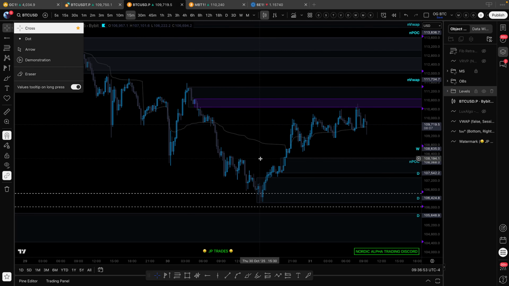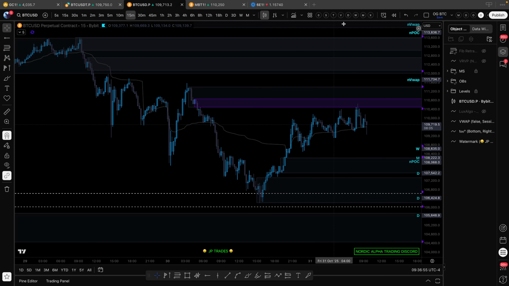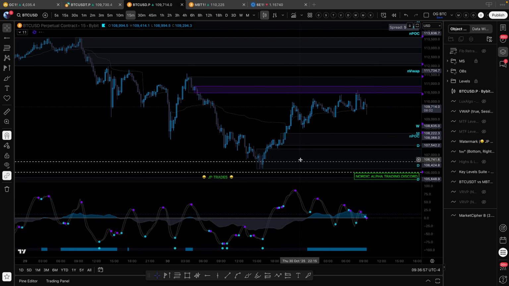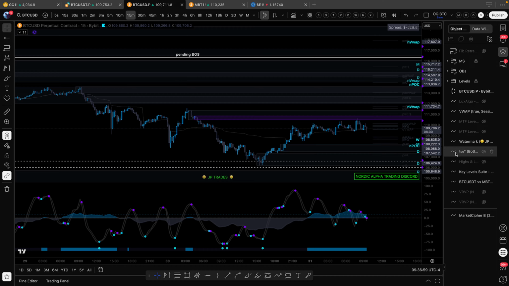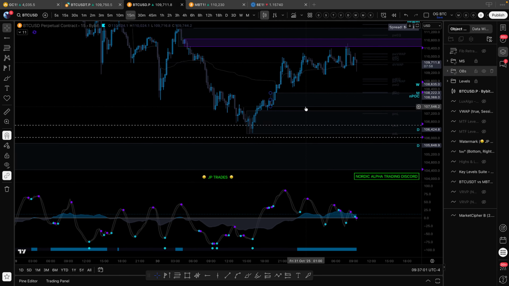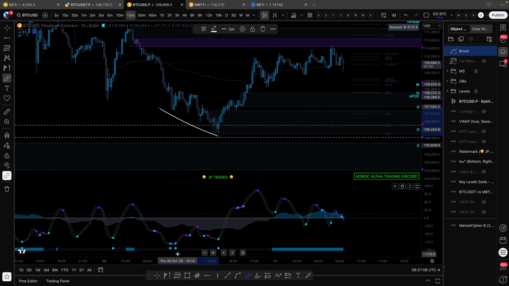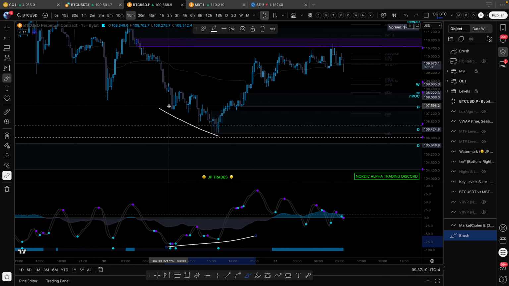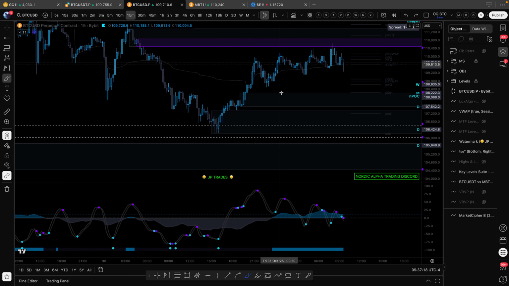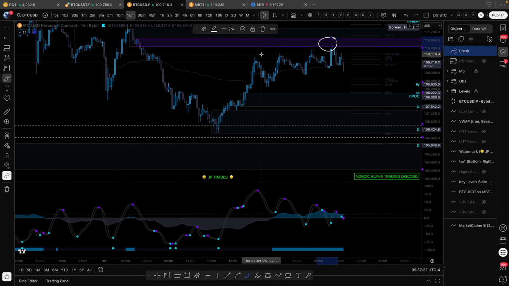Let's take a look at Market Cipher view really quick. Yes, so we did get confirmations at that low as well. So this SFP did have some nice confirmations. You had the momentum waves coming up as price is coming into your level at the moment of the SFP. Very important. And you also see it at your order block here.